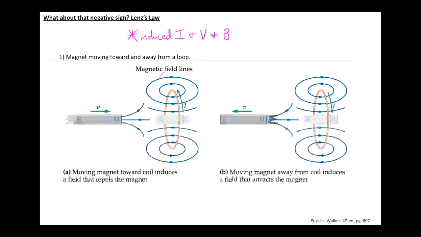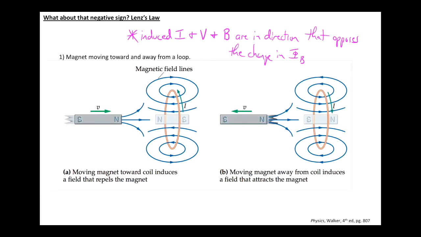The induced current, voltage, and magnetic field, we'll say, are in a direction that opposes the change in magnetic flux. Everything that gets magically created or induced in this disconnected circuit happens in a direction that's opposing anything that's changing.